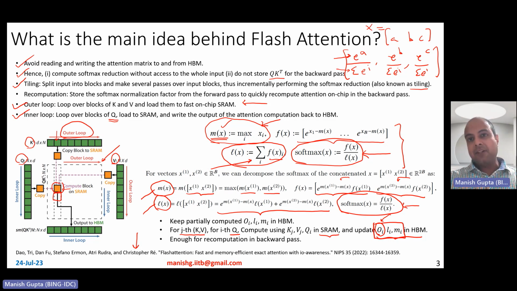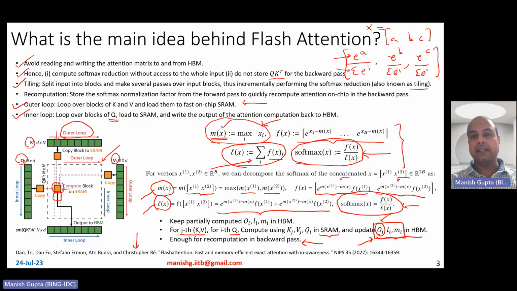Now, the interesting part is that they show in the paper that even for the backward pass, all you need is these O_i, L_i, and M_i appropriately stored in HBM, so as to do recomputation in SRAM. Yes, it includes some more recomputation in the SRAM for the backward pass, to get back the parts of your QK transpose that are really important for gradient computation.